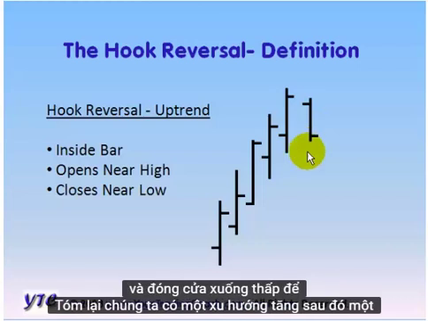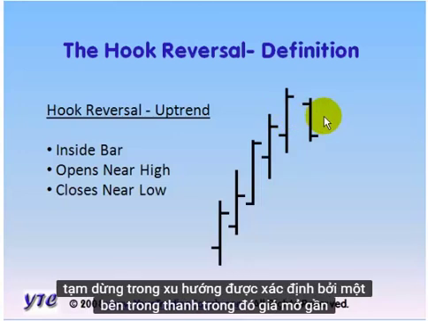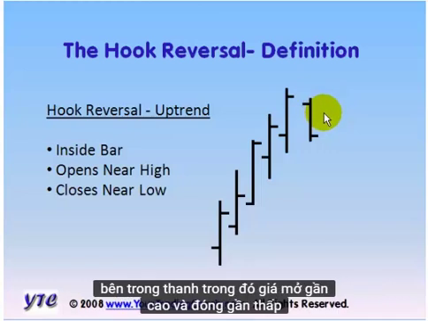So to summarize, we have an uptrend, then a pause in the trend identified by an inside bar in which the price opens near the high and closes near the low.